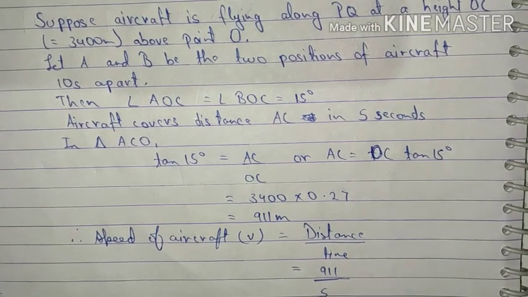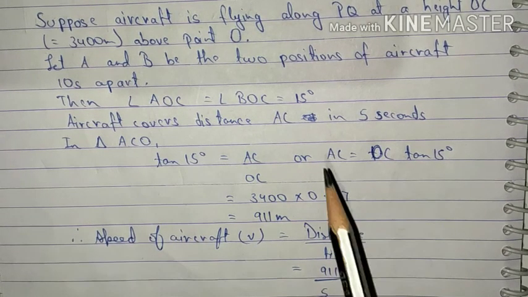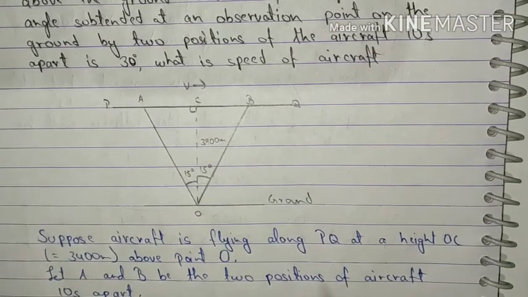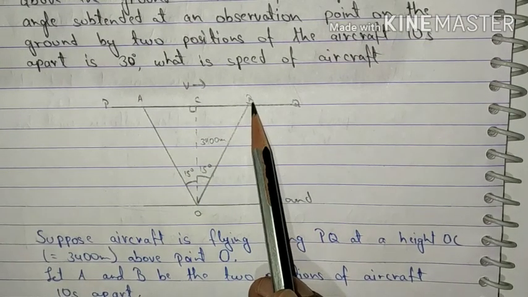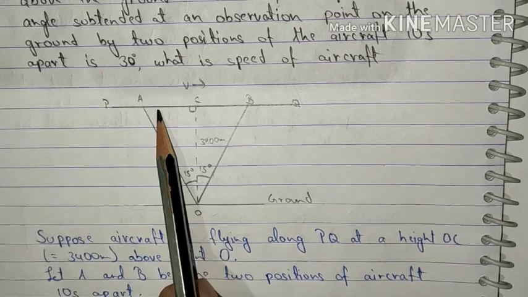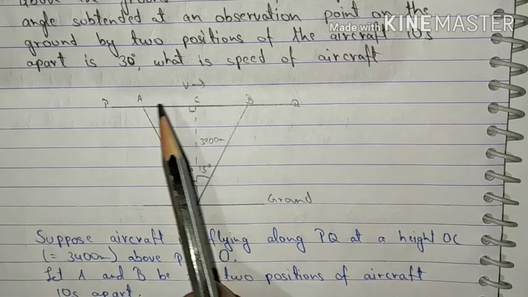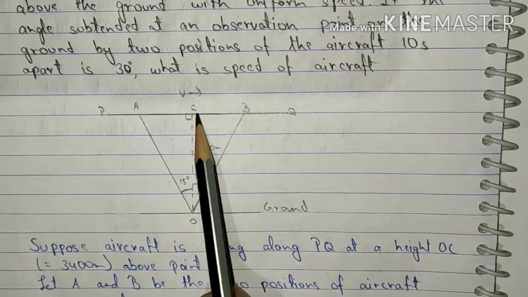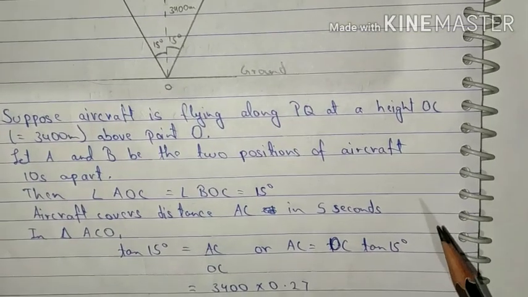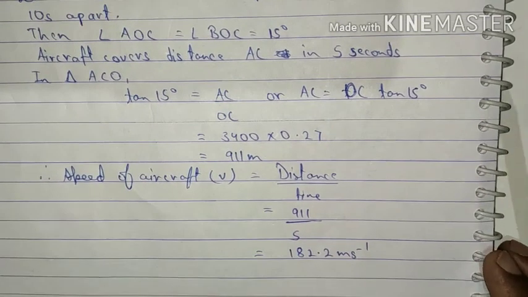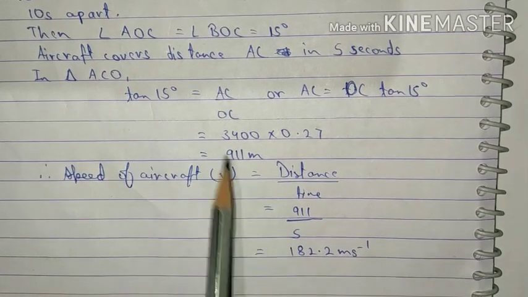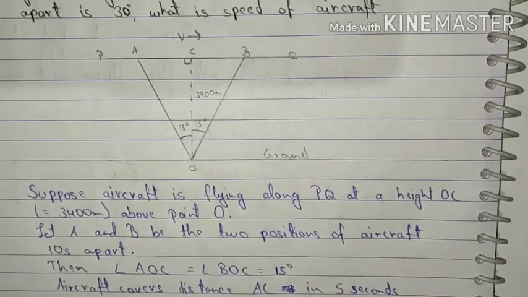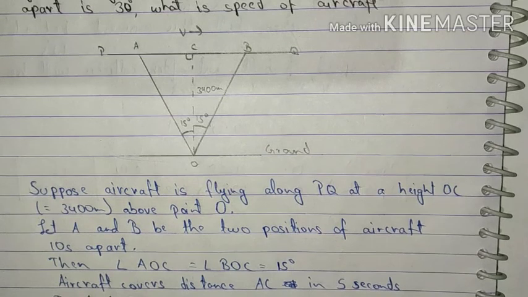Now moving further, the aircraft covers the distance AC in 5 seconds. Obviously, if the total time from A to B is 10 seconds, because these are equidistant from this point, the time taken to cover the distance AC will be 5 seconds, and similarly the time taken to cover CB will also be 5 seconds. So in triangle ACO, tan 15 can be given as AC upon OC, because tan theta is perpendicular upon base.